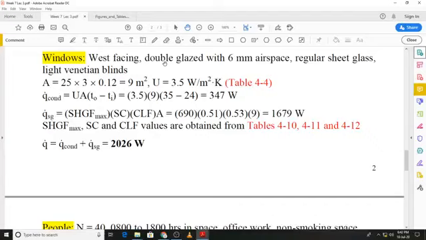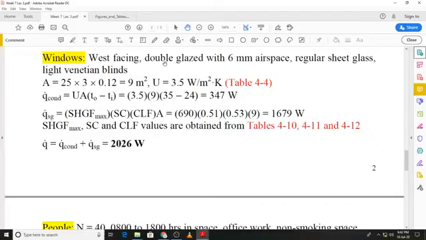The problem states to assume the thermal conditions in all other adjacent spaces are the same as those of the office space. That tells us that there is no heat gain from partitions, because any adjacent room or space is at the same temperature as that of the conditioned office space.